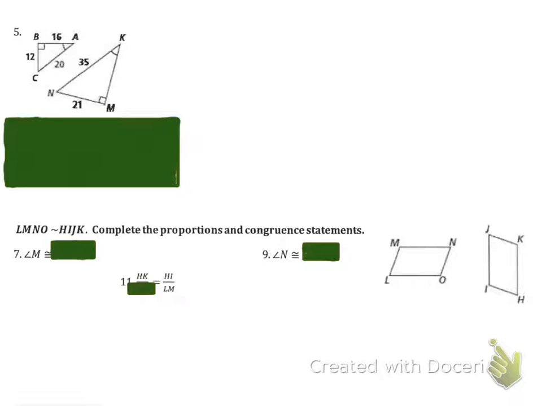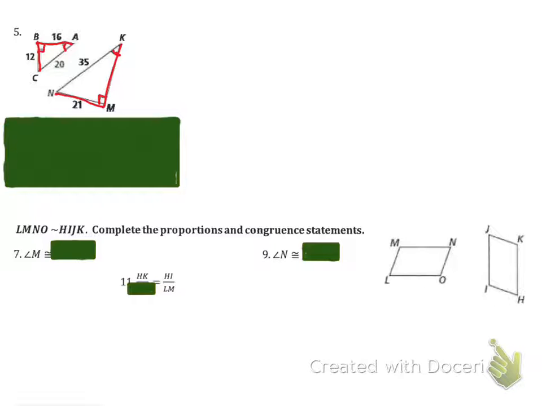All right, B. Let's take a quick look and see if things are congruent. NMK, and we start with this one, we go down this way, and we go this way. So yes, these are similar.